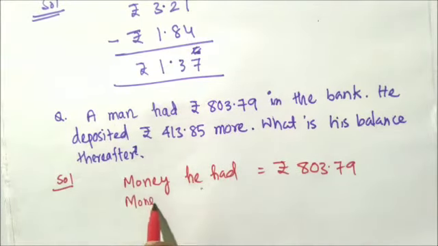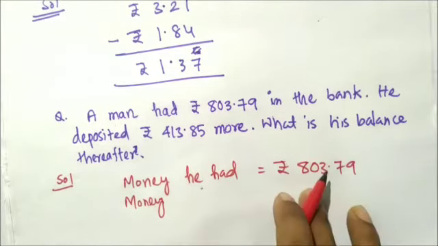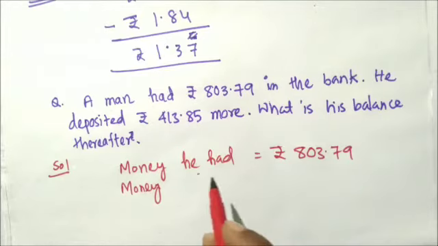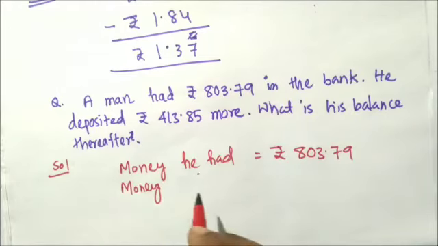He deposited means what? To keep. Suppose you have a bank account and you want to keep some money. You can go to the bank and ask the clerk to store the money or keep the money in your bank account.